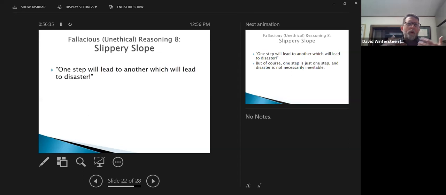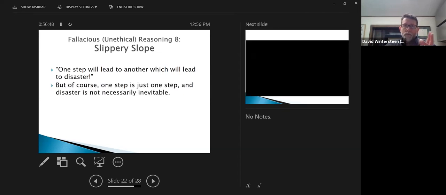And it's a slippery slope argument, is that there is actually no evidence that small incremental changes will lead to this big disastrous outcome. So, right? Disaster is not necessarily inevitable. Sometimes one step is just one step, and you can put a pin in it, and you're not going to take another step, right?